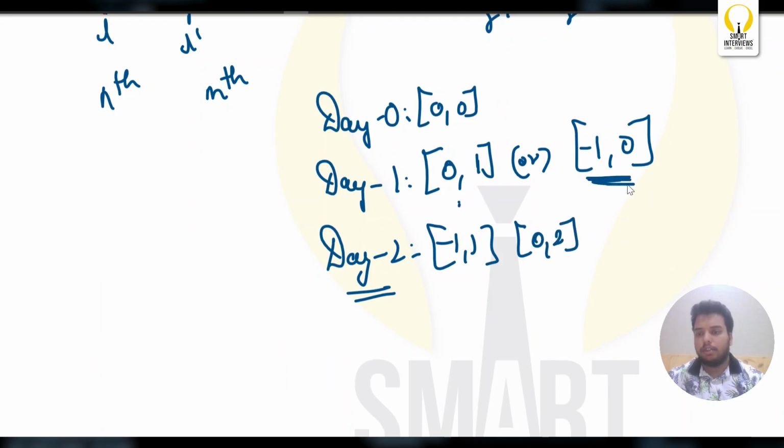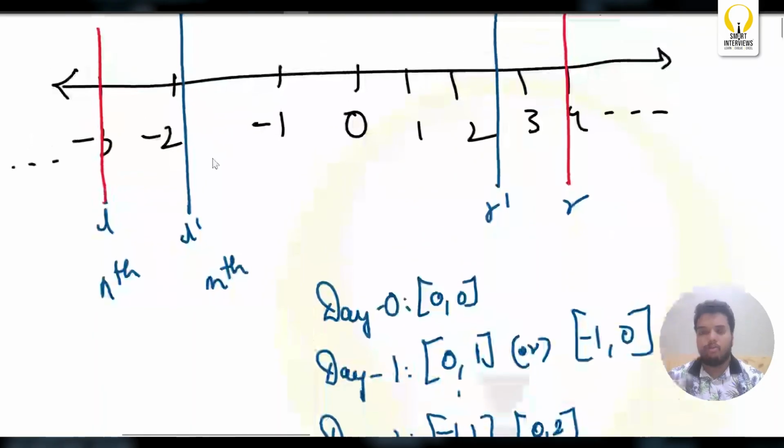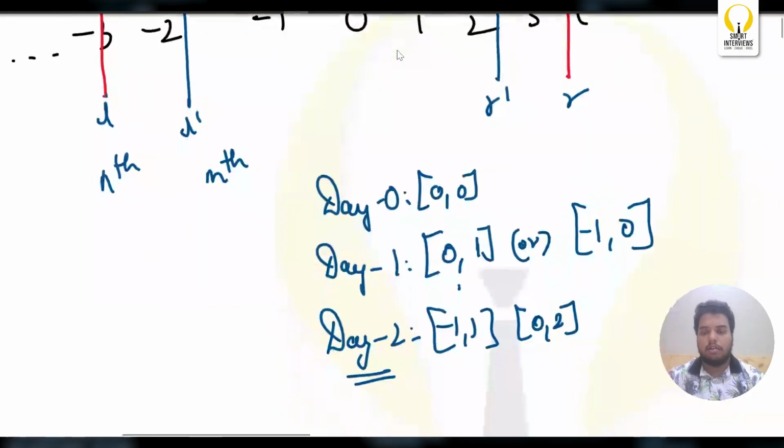But if the infection was -1 to 0, the same similar thing happens. On day 2 it can go from -2 to 0 or it can go to -1 to 1. And in this way it continues.